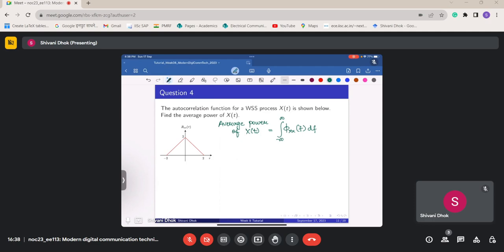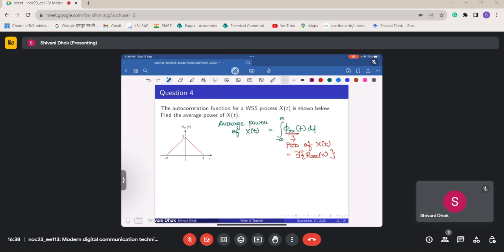So this is the average power of this process xt, where this thing is basically the PSD of xt, which is equal to the Fourier transform of Rxx of tau. Right.